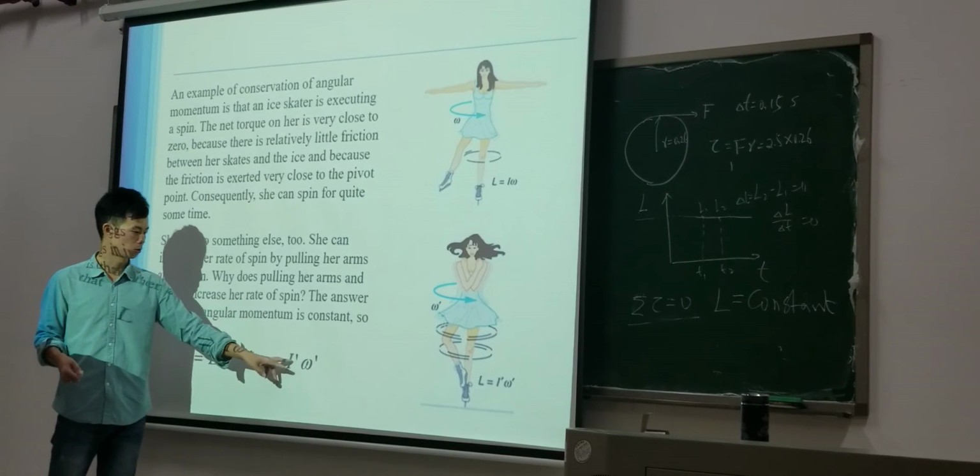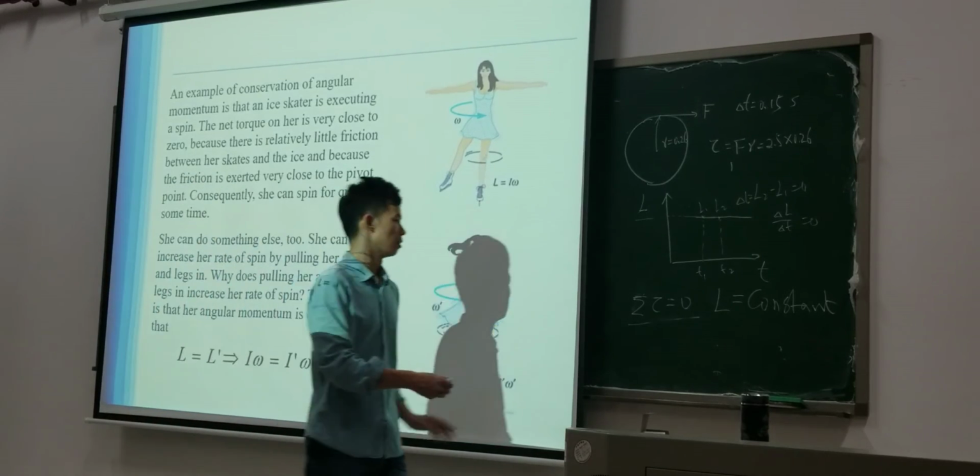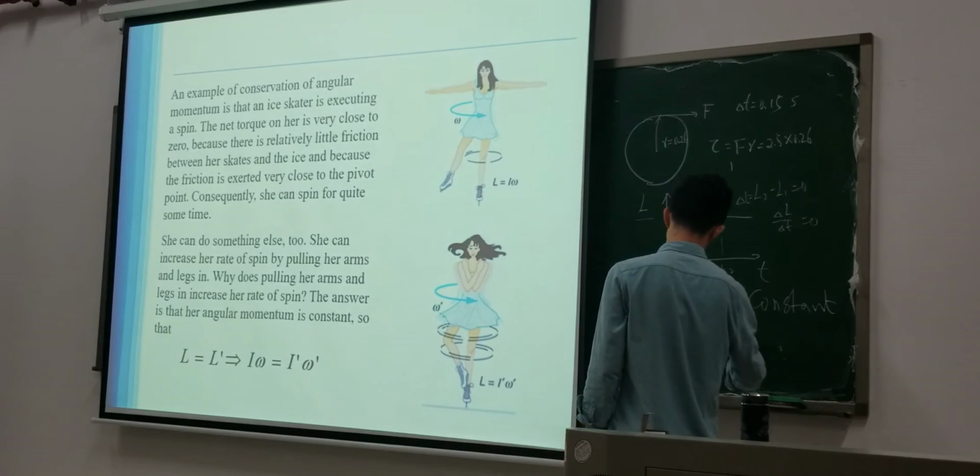The I omega equals I omega, that's one, and because the I omega is equal to this one.